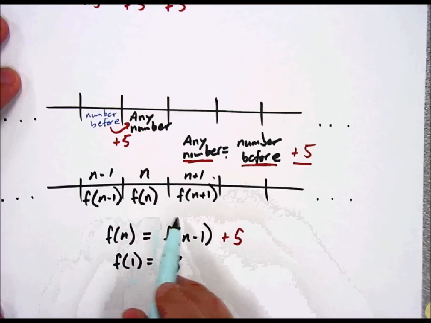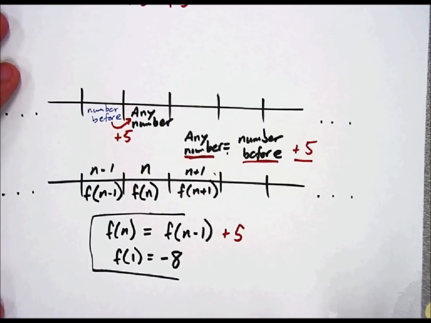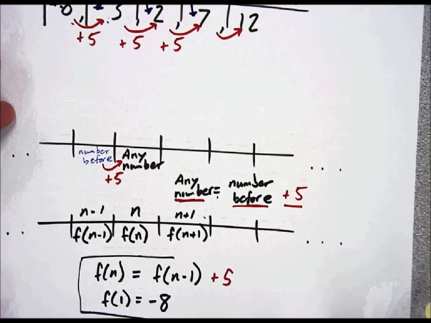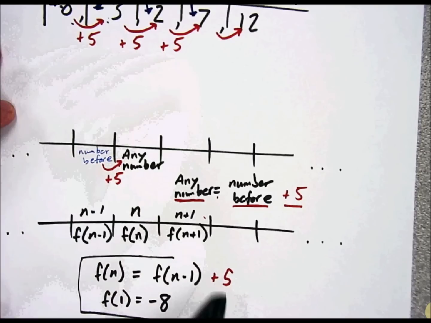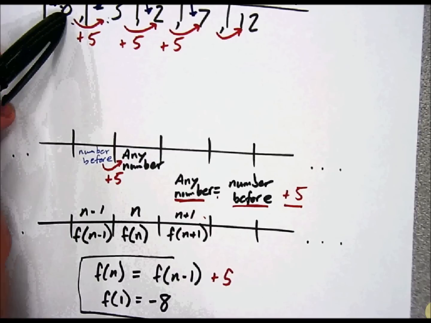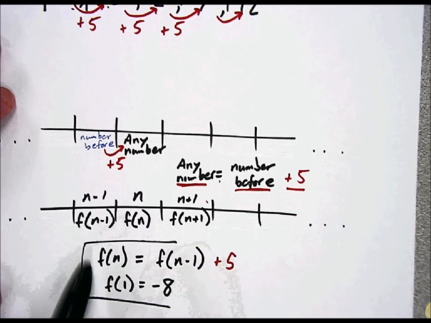And this is typically how we will write a recursive rule for this sequence. If the pattern changed, if this was adding by 10, then I'd put plus 10. And if this started at 13, then I would change this to where it started. But this is the pattern you're going to see.